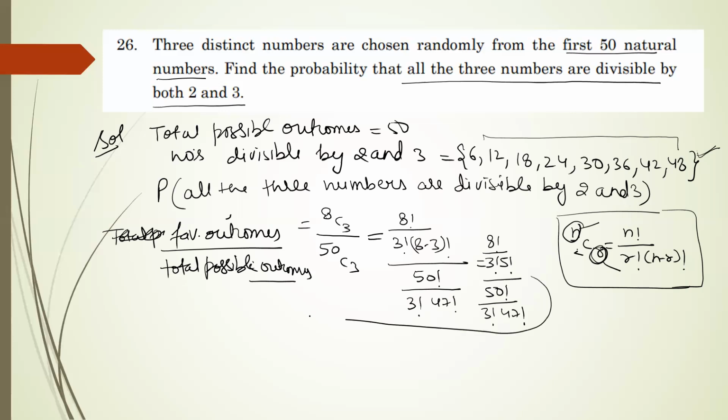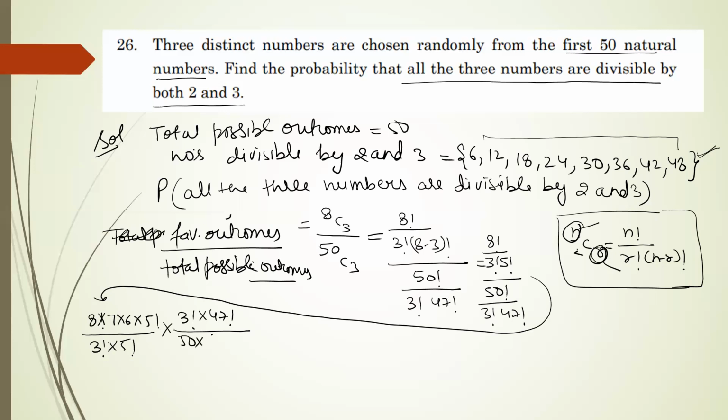Moving quickly further, 8 factorial. Let's quickly write 8 into 7 into 6 into 5 factorial upon 3 factorial into 5 factorial, multiplied by 3 factorial into 47 factorial upon 50 into 49 into 48 into 47 factorial. 47 factorial gets cancelled, 5 factorial gets cancelled, 3 factorial gets cancelled.